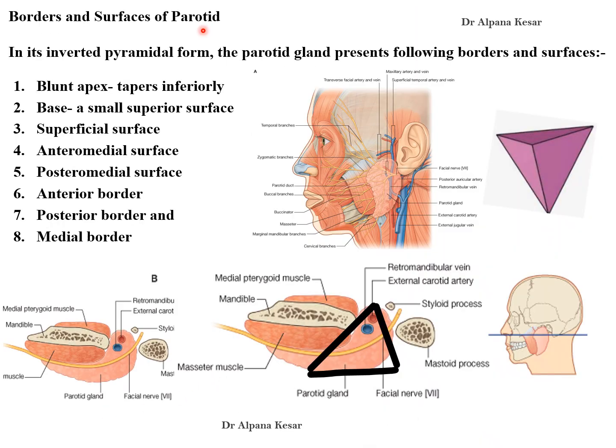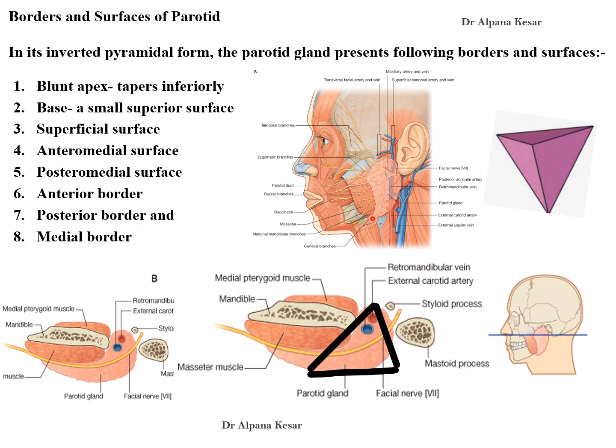Borders and surfaces of parotid gland. Parotid gland is shaped like an inverted pyramid. It is a three-sided pyramid. Since it is inverted, its apex is pointing downwards and its base, also known as its superior surface, is facing upwards. It has three borders.